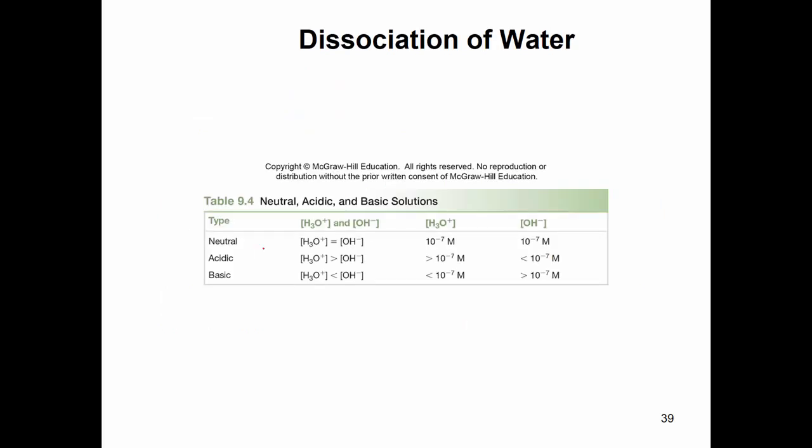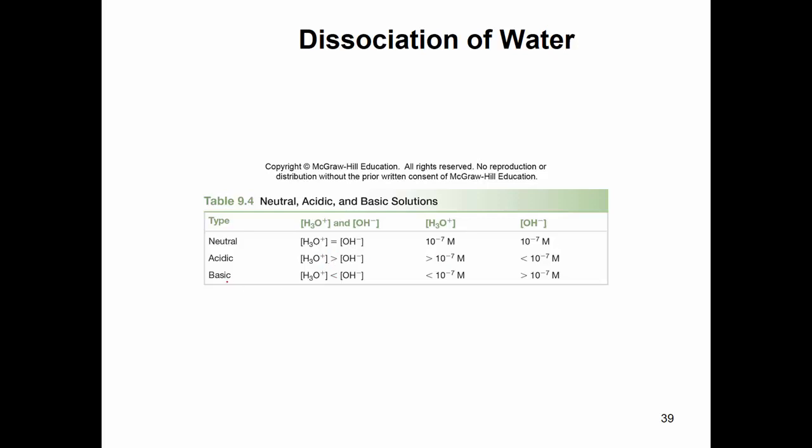And so this is what I'm trying to explain to you. When water is neutral, hydronium is equal to hydroxide. It's not a basic, it's not an acidic solution, it is neutral. And so we have 10 to the negative 7 molarity of both. If your solution is acidic, you're going to have a higher H3O plus concentration, because remember, H3O plus means acid.